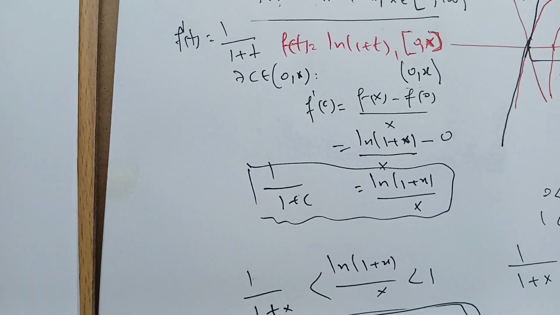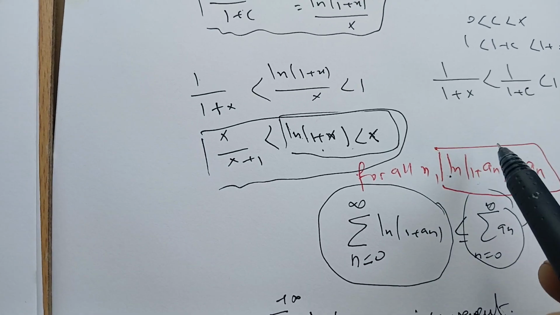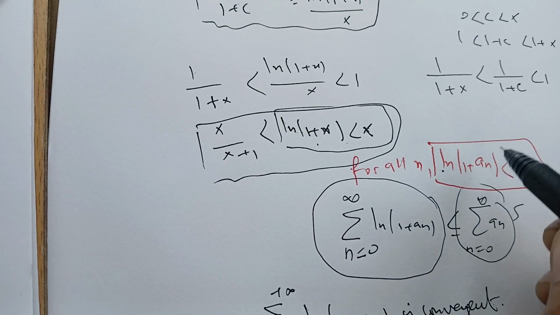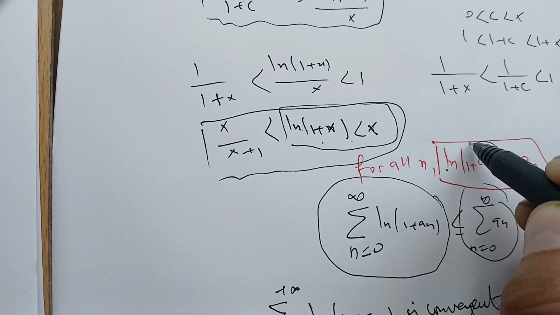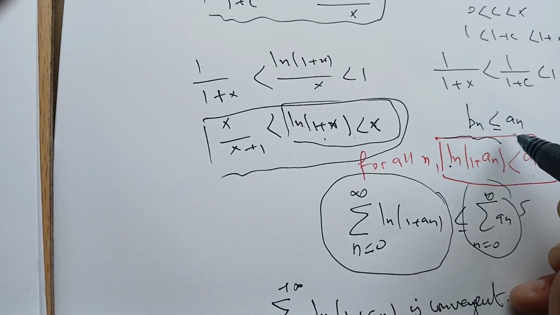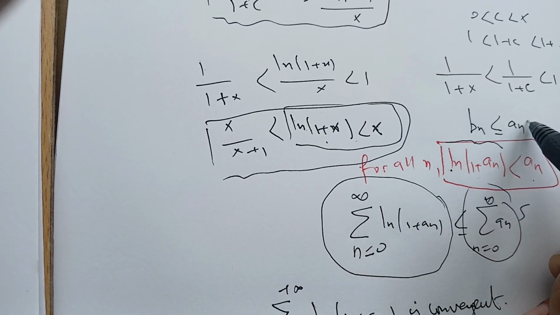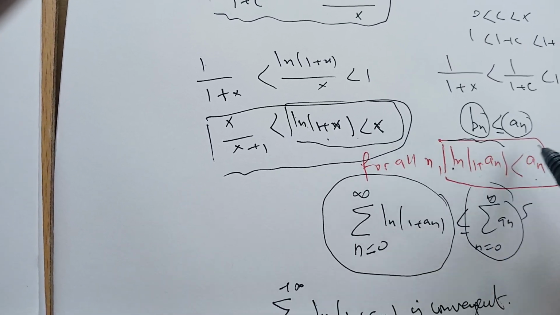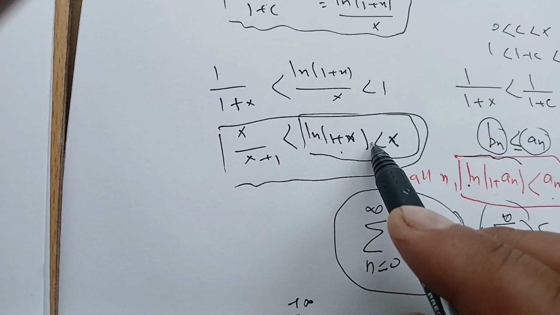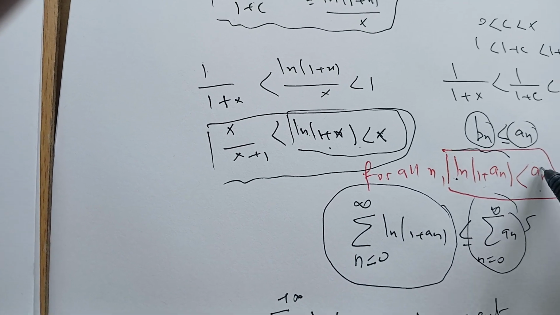By the end, we have used the conditions of the comparison test. We have b_n less than a_n for all n, and if the series of a_n is convergent, then the series of b_n is convergent. We got to this result based on this fact, and we have this series as a convergent one.